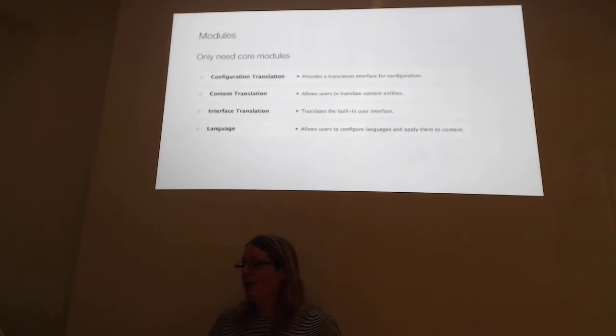And content translation, you need that to be able to translate your content. But you need the configuration translation module to translate things like views and other things, so you probably need that one too. And interface translation to translate the built-in strings that come with modules. I haven't been able to find a use case where I only needed 1 or 2 of those modules.